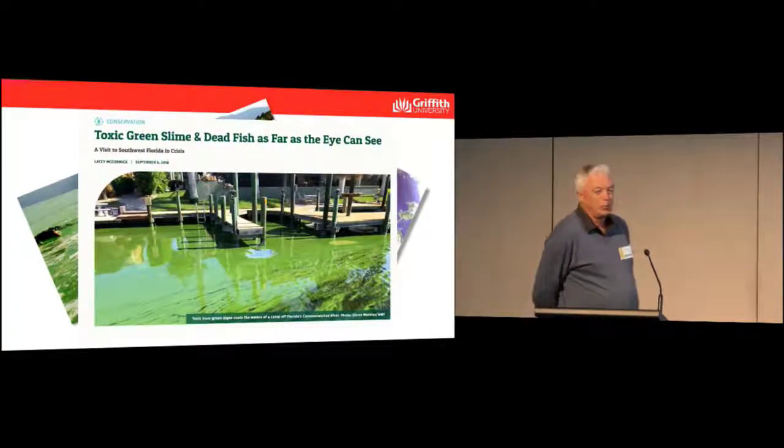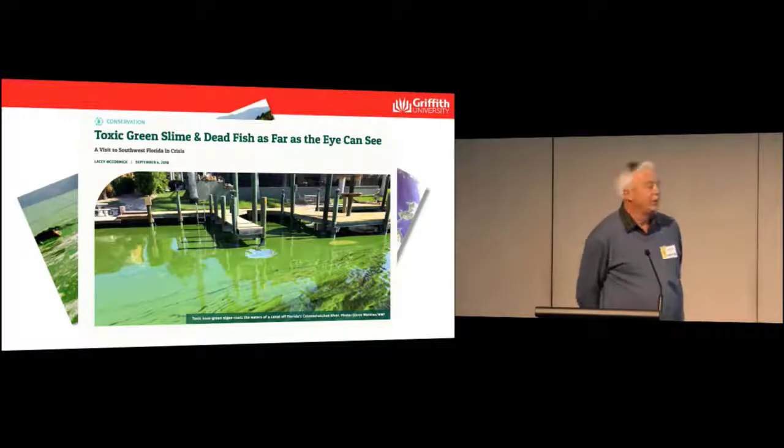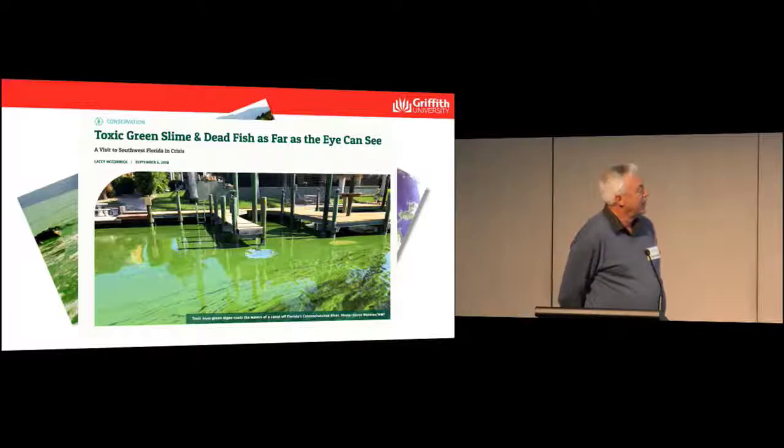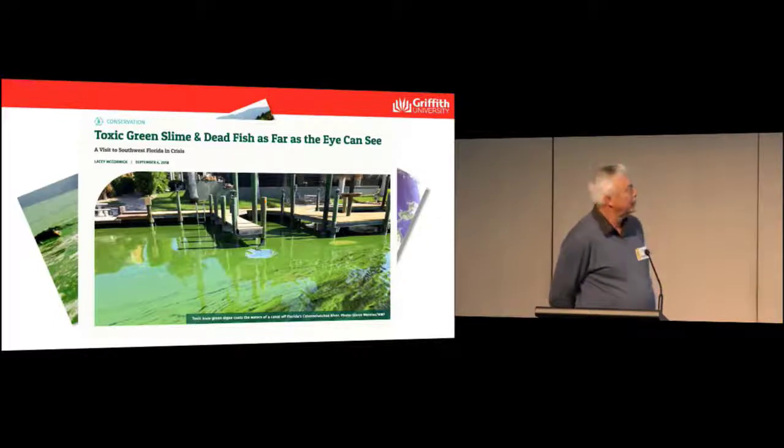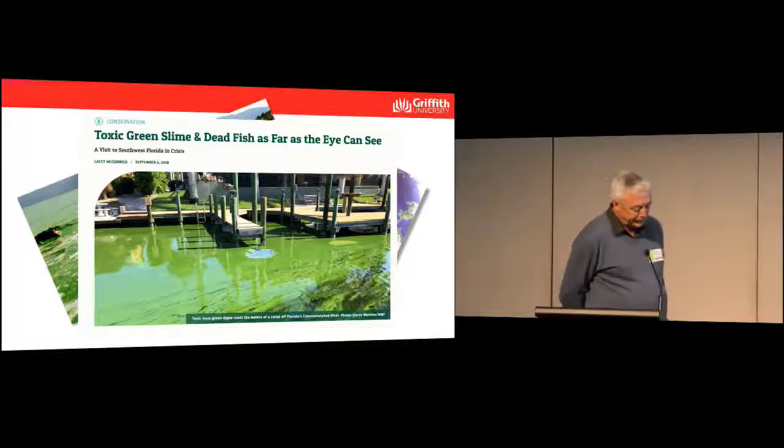This was a toxic blue-green algal bloom in the Caloosahatchee River, which flows from Lake Okeechobee in Florida just a couple of weeks ago. And Lake Okeechobee is becoming Florida's Lake Taihu.